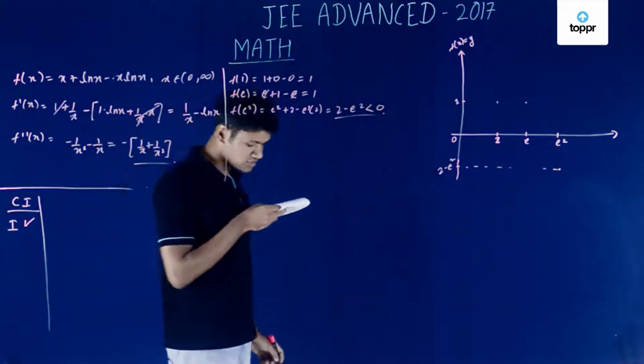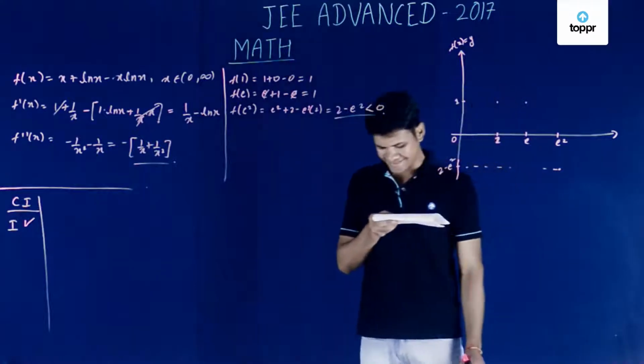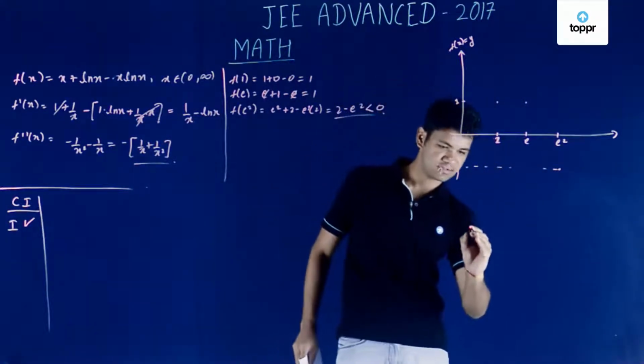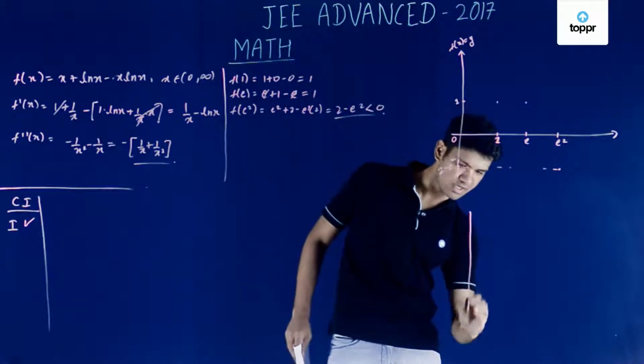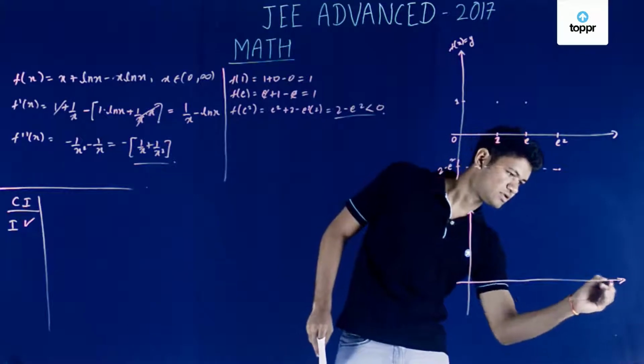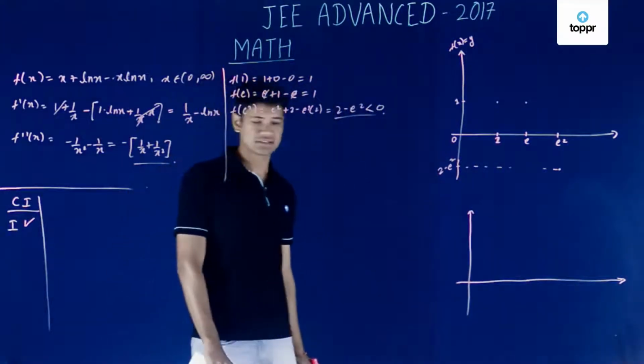f dash x is equal to 0 for some x in 1 to e. Now for this to solve, we might need to analyze the graph of f dash x. So f dash x has two functions basically, 1 upon x and ln x. Let us draw them.